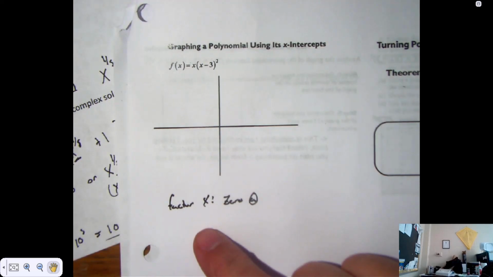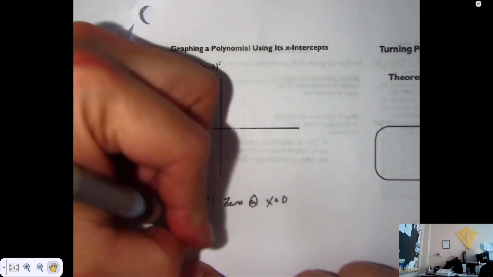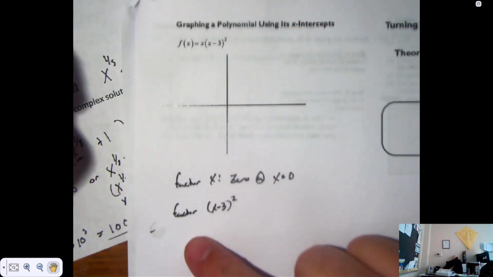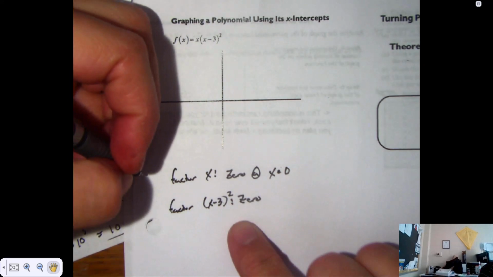X equals 0. We also have a factor x minus 3 squared. Where's our 0? Three.